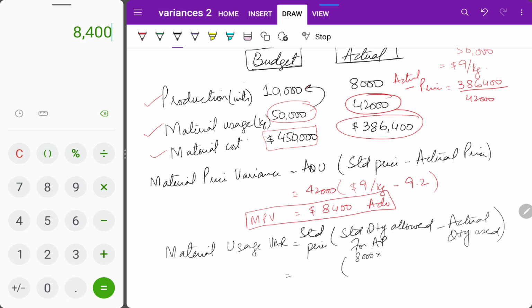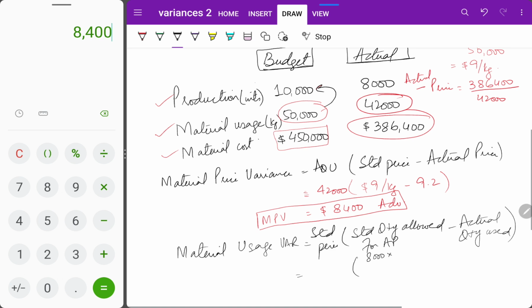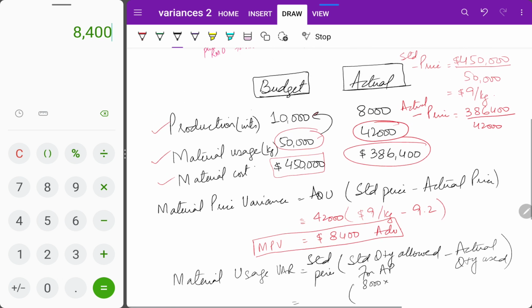Now we don't know the standard consumption of raw material. Consumption is usually represented as, say, 2 kilograms per unit or 10 meters per unit.